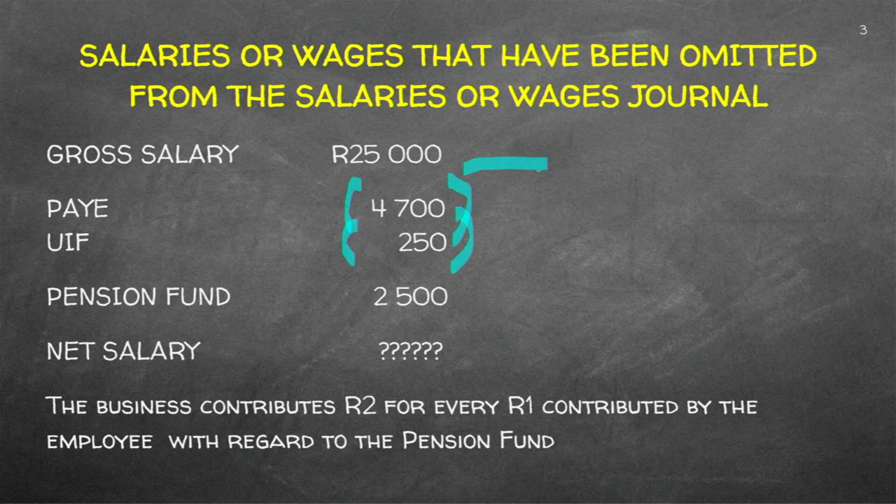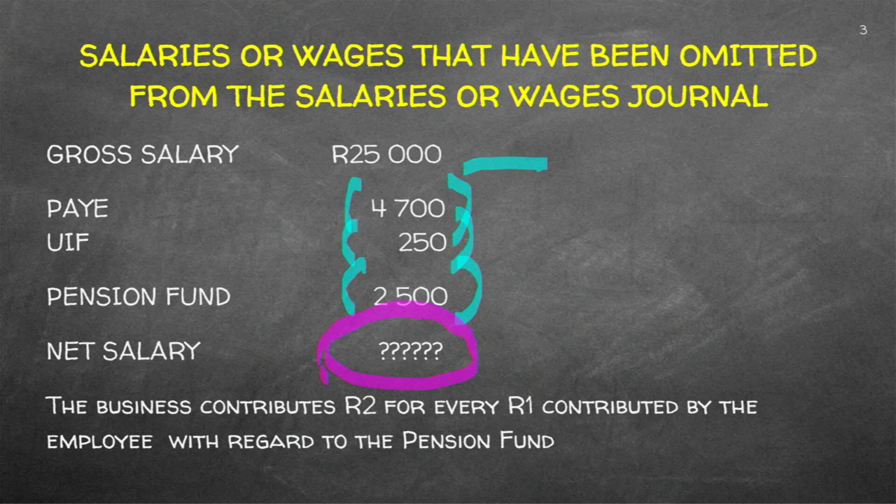Little reminder, why is it in brackets? We're subtracting. And so anything in accounting, when we are subtracting, is shown in brackets. And then the pension fund is 2,500, which is what they are deducting from my salary as my portion towards the pension fund. And so what are they asking me to calculate here? They're asking me to calculate the net salary.